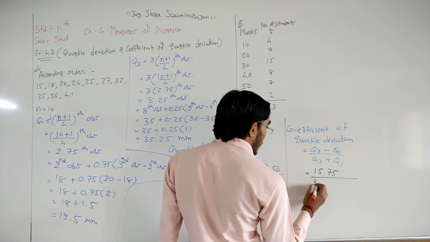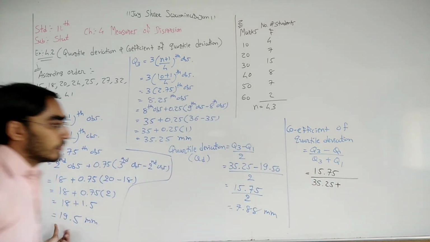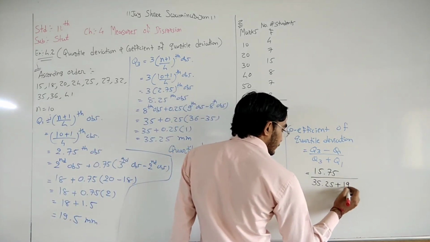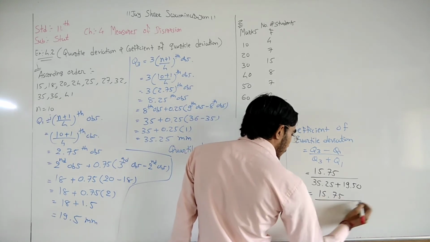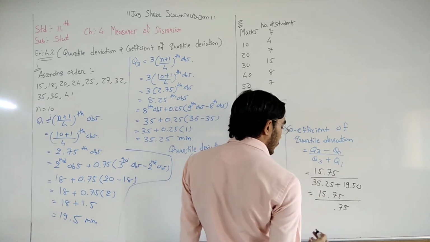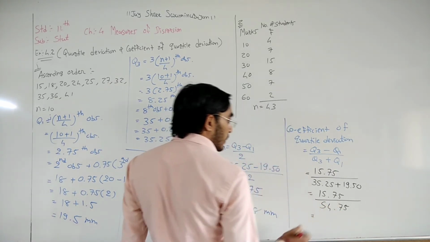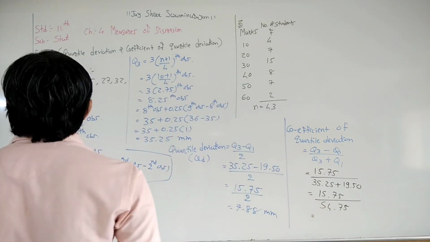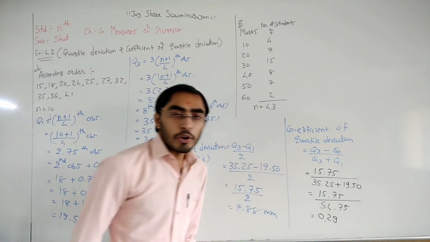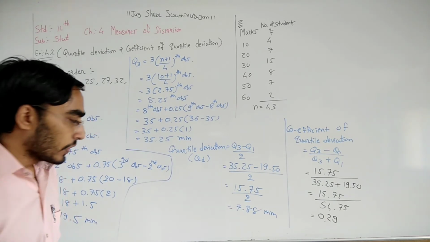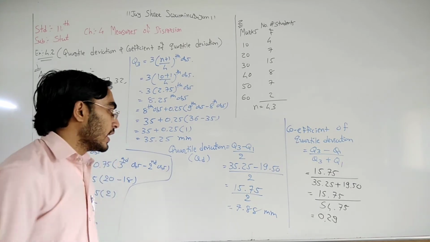Q3 is 35.25 plus Q1 is 19.5, which is 54.75. So 15.75 divided by 54.75 is 0.29.